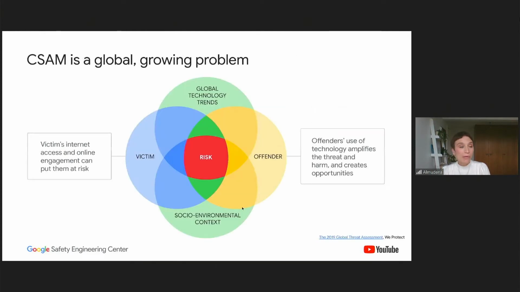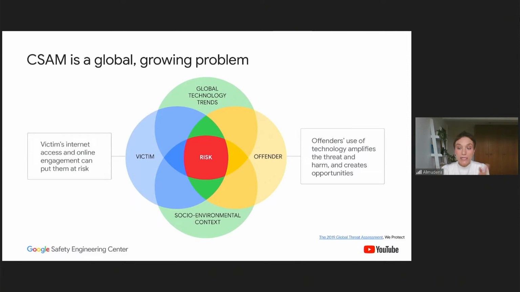You all probably know, so I'm not going to dwell on this, but child sexual abuse is a global and sadly a growing problem, and it's multifaceted. Google has been working in this space for many years, since Google launched the search engine and recognized that a tool with great potential for good could also be used by abusers to spread illegal content.